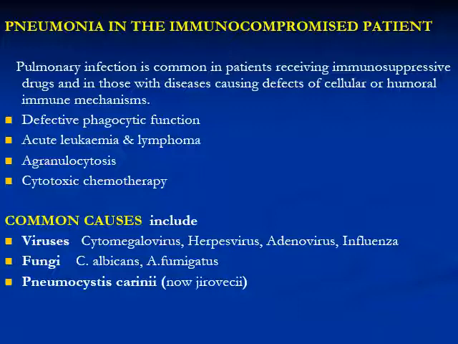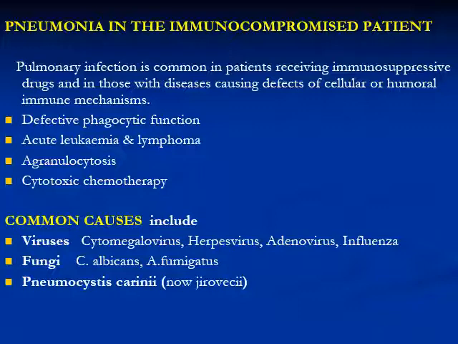The investigation is also the same. We take the sputum for culture and sensitivity, but a patient with nosocomial pneumonia is very ill. Sometimes he cannot cough and expectorate sputum. What we do is bronchoscopy for him and we aspirate the secretion from the bronchi by bronchoscopy, and we send it for gram stain and culture and sensitivity.